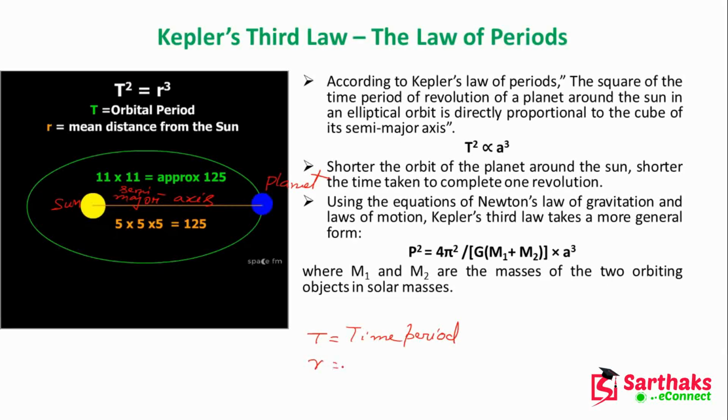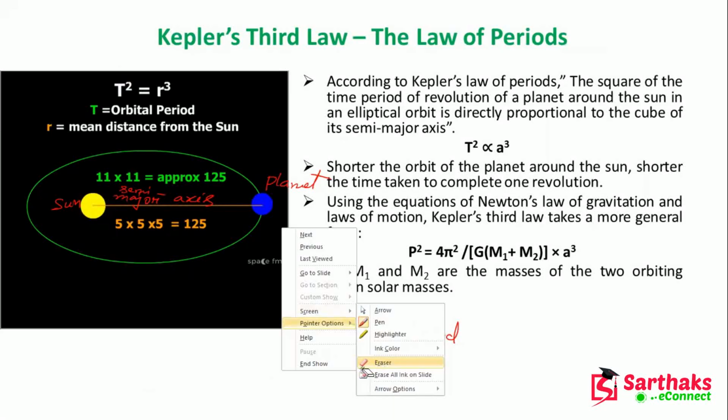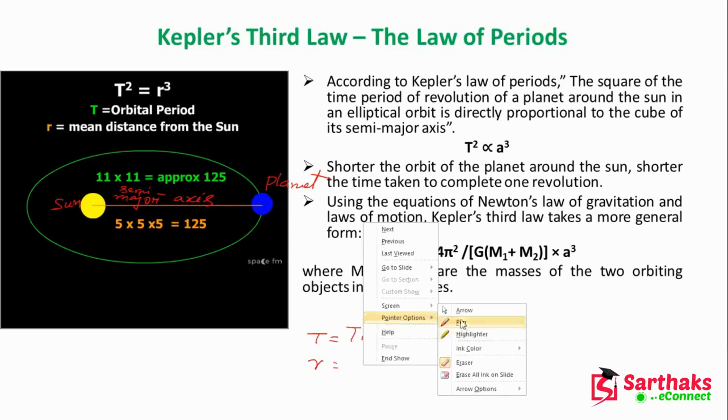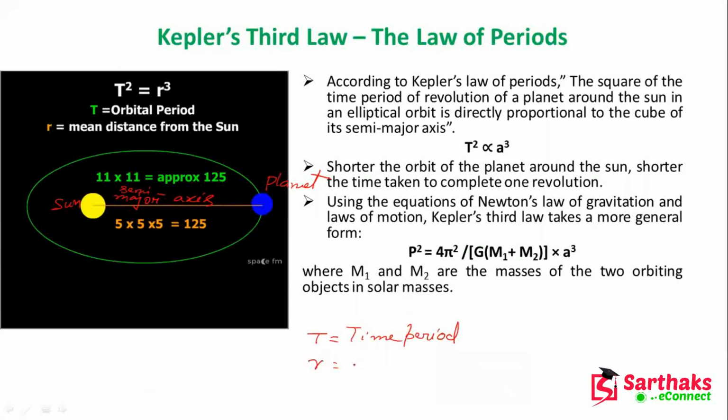And r is the distance. Now, this distance is the distance between your sun and this planet, or the distance of the semi-major axis, right?